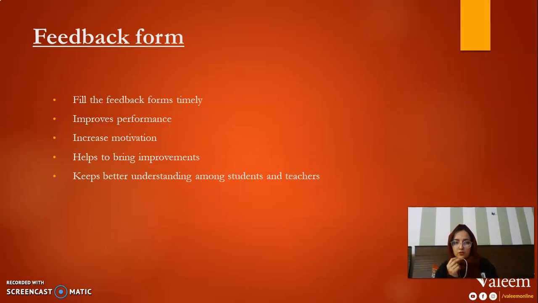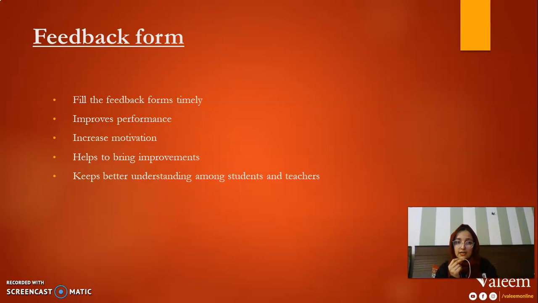Then feedback form. Filling feedback form is very important. You should fill the feedback form timely. After every lecture, we will have a feedback form that must be filled by every student, and it is mandatory for every student to fill that feedback form.